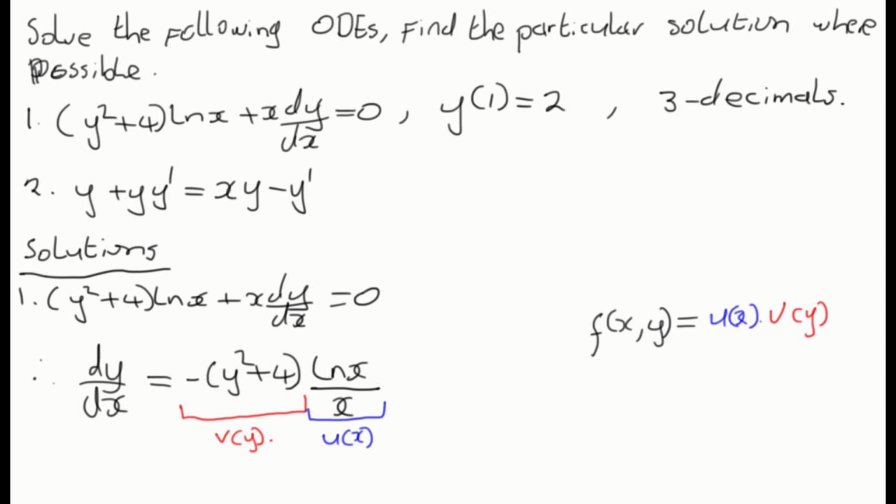But more than that, what we see here is that the term inside the bracket carries a y squared. On the two equations that we are solving, which may confuse us in the test, the two methods are the linear first order differential method and the separation of variables method.